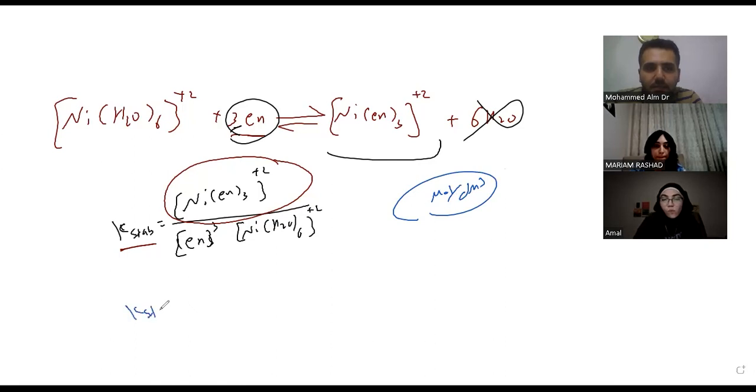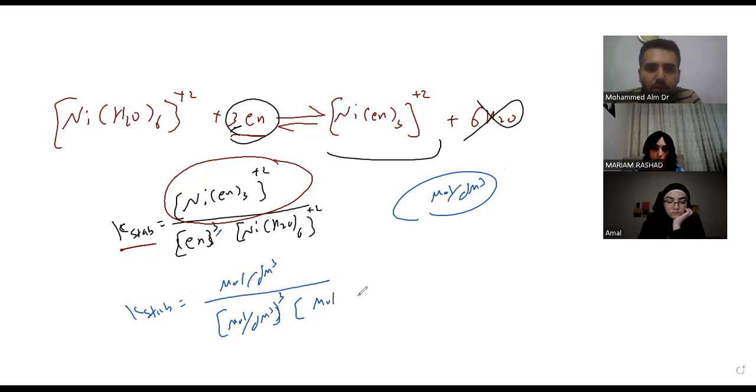So Kstab in this scenario, to find its unit, here we will have mol dm^-3, to the power of 3 multiplied by mol dm^-3. We remove this one with this one, right or not?